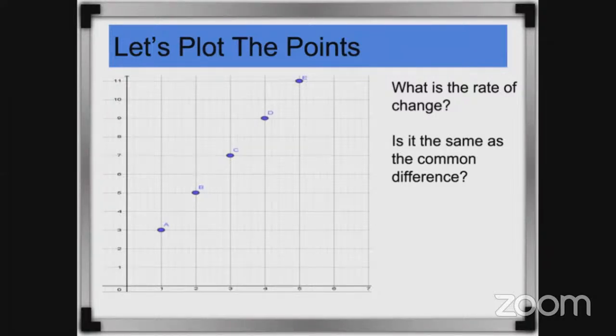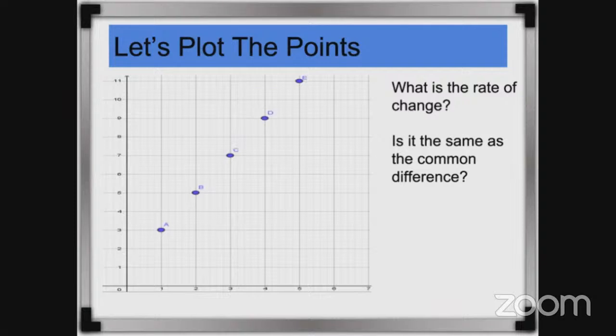As you can see, on your x-axis you'd have the terms, and on your y-axis you'd have the number of tiles. So C would represent term 3, D term 4, and E term 5.